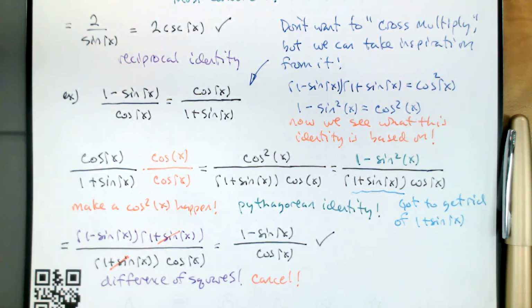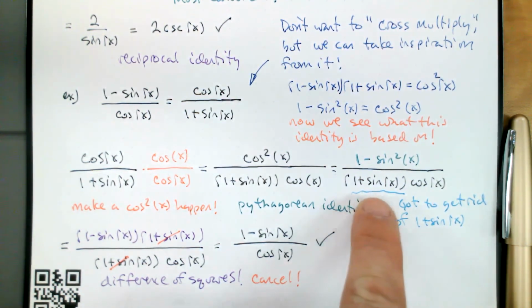That was a weird thing that happened in this problem. We had to look at that 1 minus sine squared and see the difference of squares, just like if it said 1 minus a squared, 1 minus a, 1 plus a. We would think to do that because we look at the denominator and see there's a 1 plus sine x in our denominator on this step that we need to get rid of.